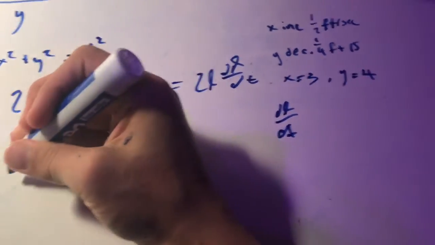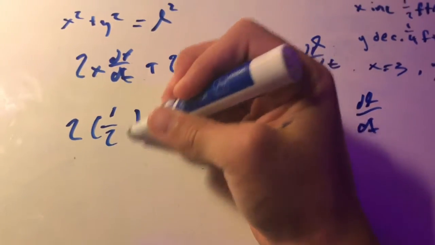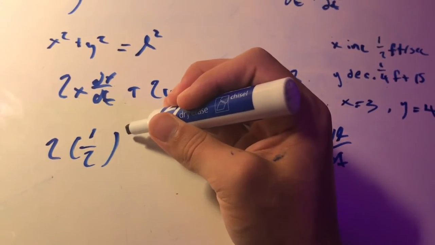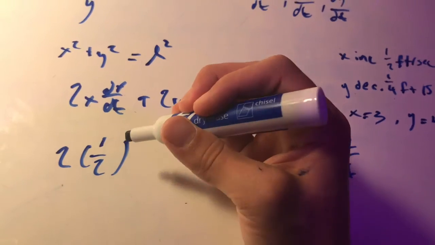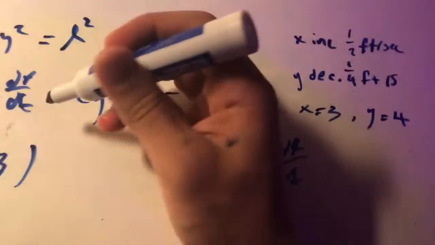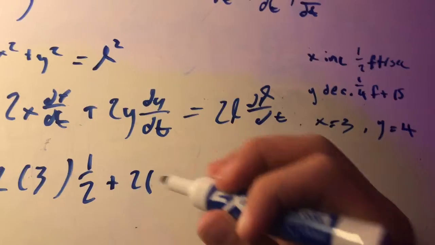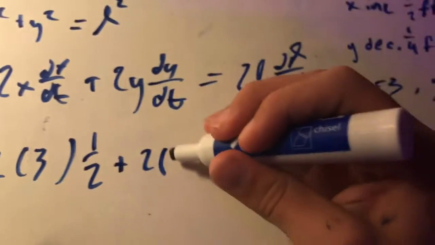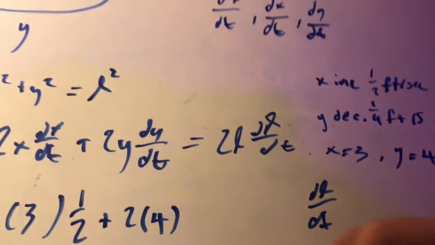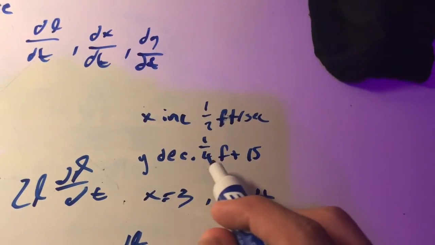So 2 times 1/2 dx over dt. Oh, sorry, no. This should be 3. Because this is just x, not dx over dt. Times the 1/2 plus 2y equals 4. dy over dt, that's going to be negative.